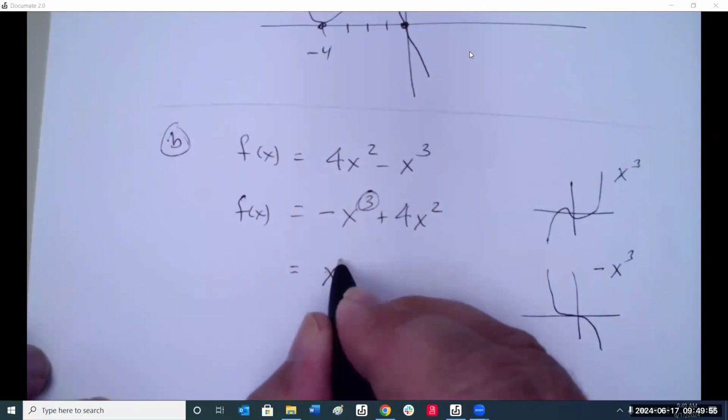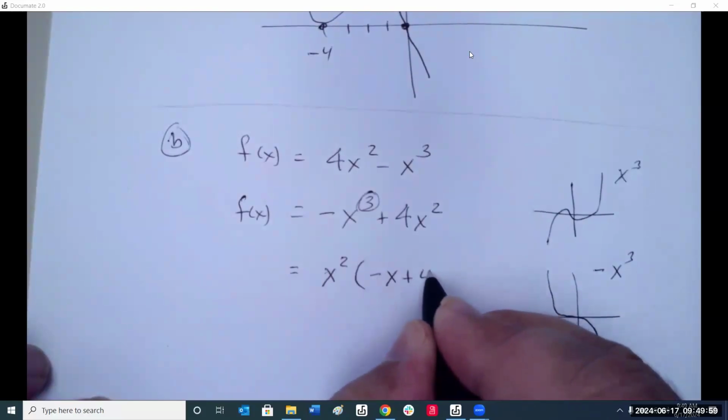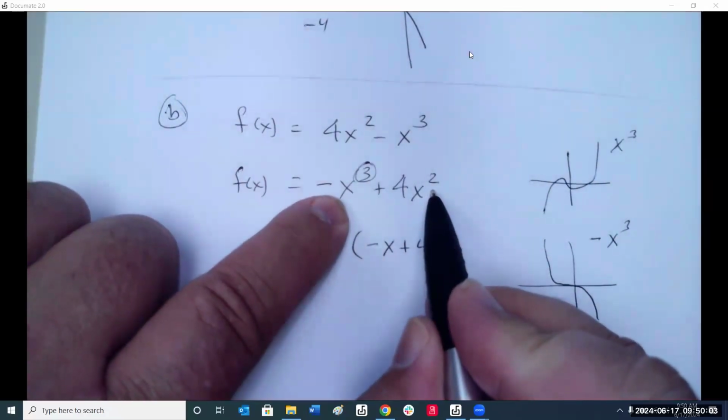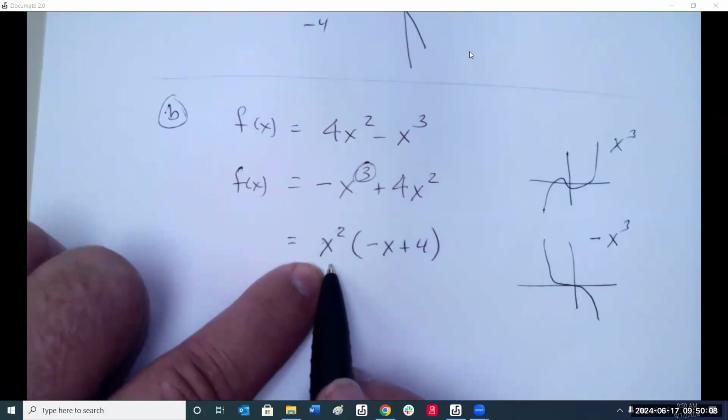So if I take out two x's, because they both have two x's in common. This one has 3, this one has 2. So I can take out 2 of them.